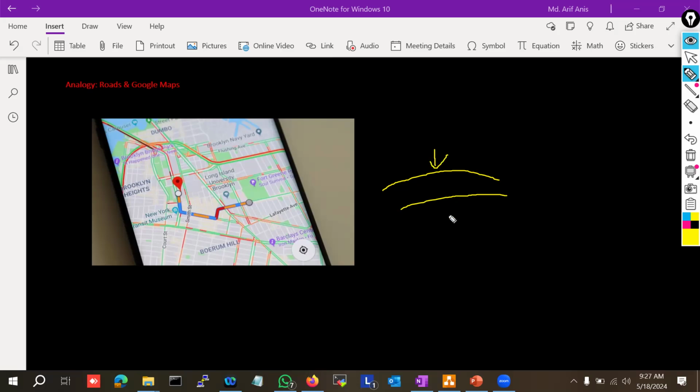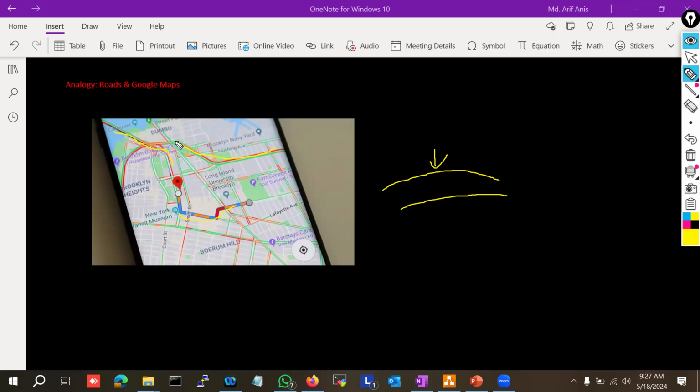Google Maps uses these roads and highways, and it provides you the real-time traffic on these roads.